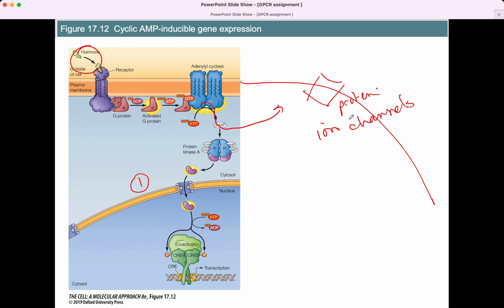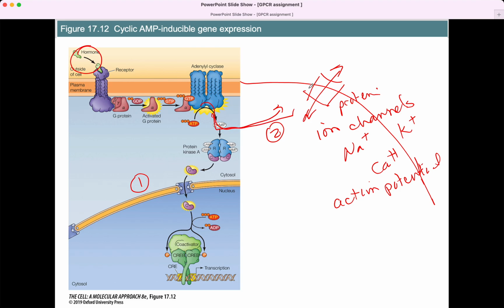And the way our neurons communicate between each other in our brain is by changing the concentration of ions like sodium and potassium and calcium across the cell membrane, and that leads to action potentials, or essentially the electrical communication pathways through our brain. So that's going to be our non-genomic response, and our book doesn't show that in one figure, but this is your drawing. It's just to show, in addition, the cyclic AMP going over here and binding an ion channel protein, allowing for neurotransmission. So two responses, okay?